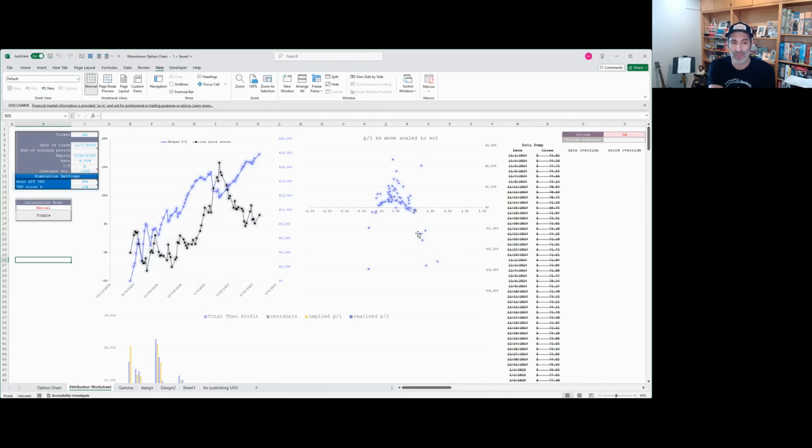If log returns are normally distributed, you expect that the stock will move more than one standard deviation about 33% of the time.